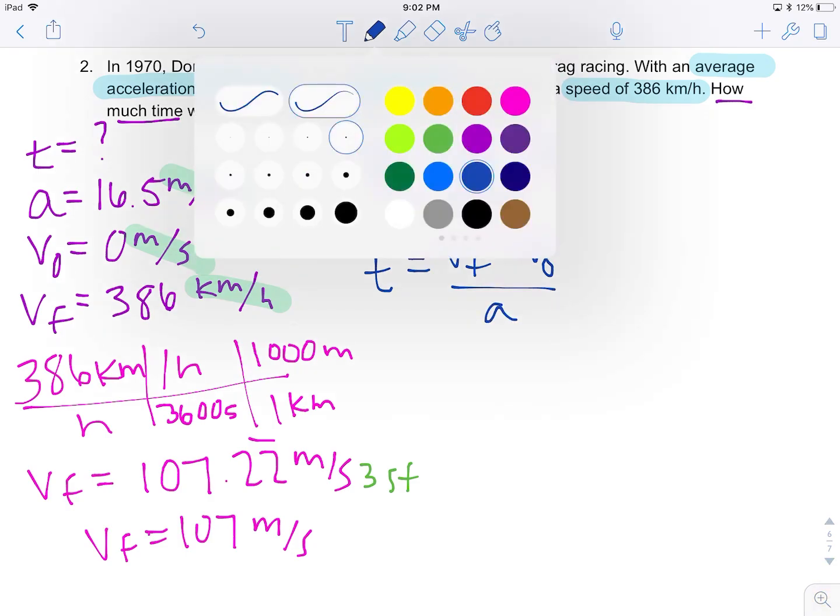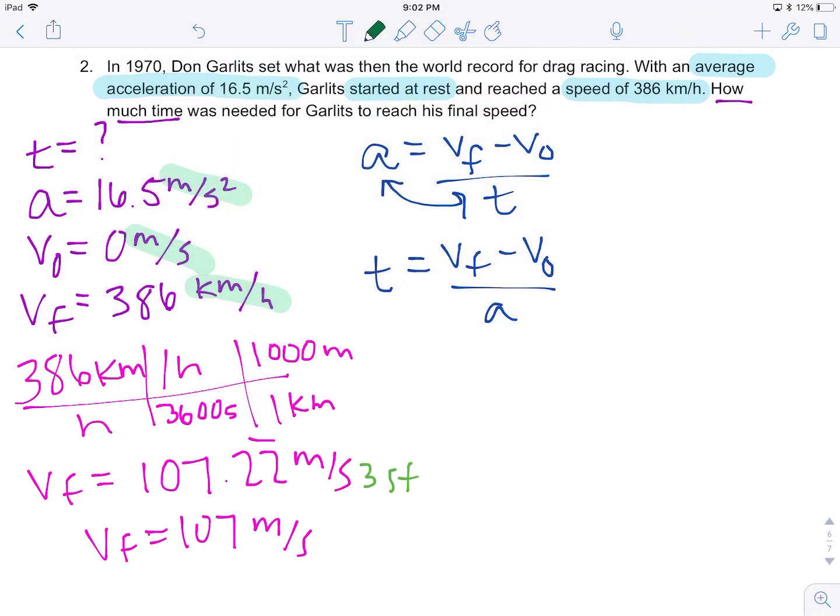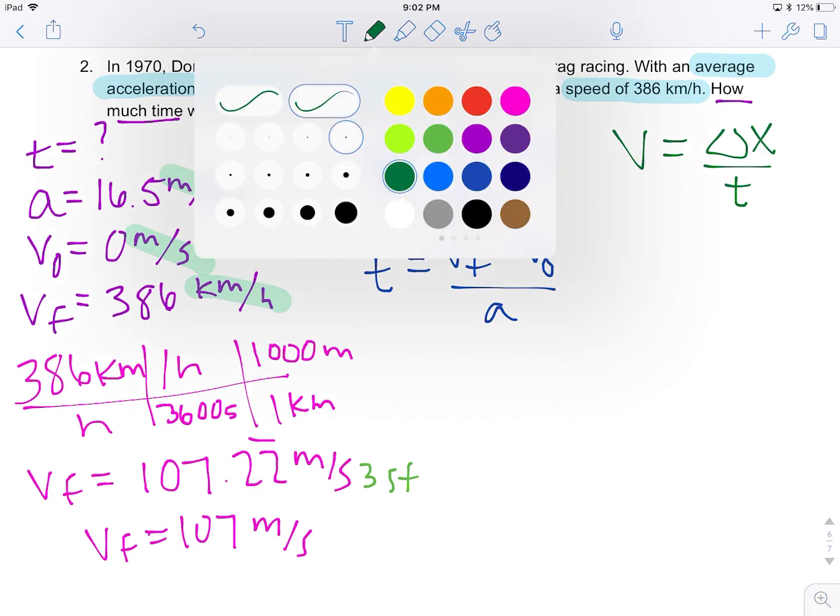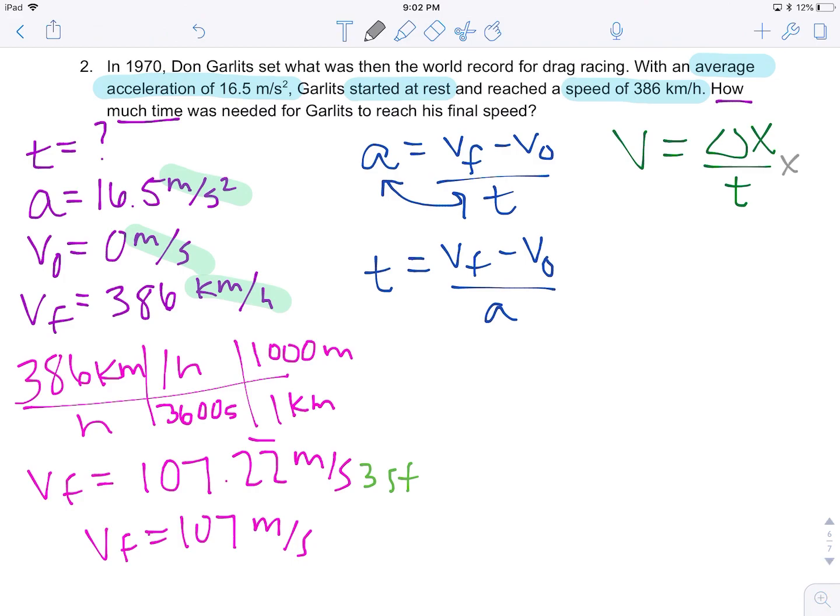If you're not sure why I can do that, I can show you really quickly using a simpler equation. We'll use our velocity equation. Let's say I want to rearrange for time. I would do that by first getting time out of the denominator. It would cancel on this side, and I would get time times velocity equals delta x.